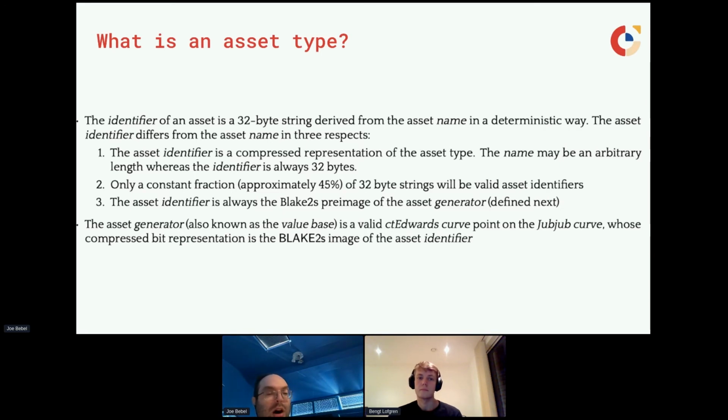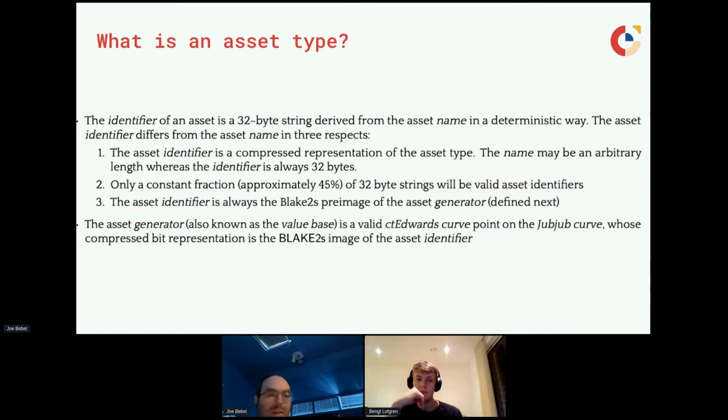It imposes a cost of not just CPU but memory usage, and if you're concerned about your proving performance on, say, mobile devices, you really want to make sure that your performance in the circuit is really good. And so we just impose by fiat this requirement that you take a Blake 2s hash of this asset identifier and you get the asset generator.